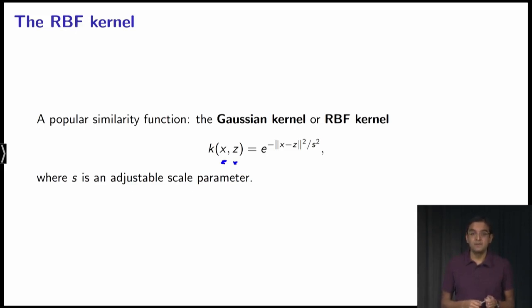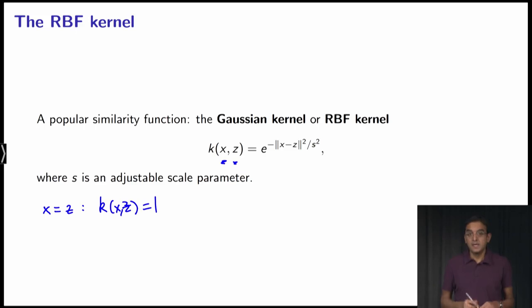So what is this exactly? Well, let's see. If x equals z, then the distance between them is 0. And so that exponent over there becomes 0, and so the similarity becomes 1. So if x equals z, then k(x, z) is equal to 1.